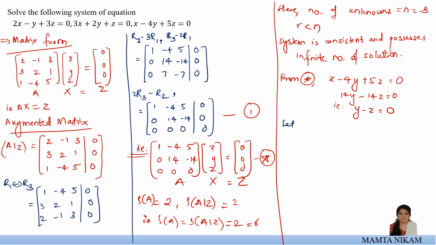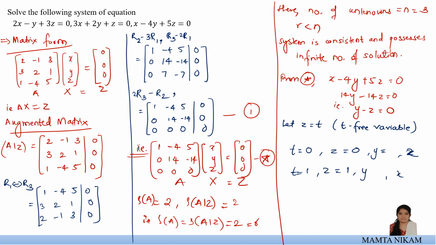So let us consider here z as a free variable t. फ्री वेरिएबल का मतलब क्या होता है? मतलब मैंने बताया है वो ऐसा variable जो कोई भी value लेगा. तो z equal to t, 0 ले अगर हुआ तो z की value 0 होगी, accordingly y की value and x की value. t equal to 1 लिया गया तो z equal to 1, accordingly y and x vary होगा. तो जितने तुम t के values लोगे उतने हमें x y z की values मिलेंगे and that will be the infinite number of solutions we have.